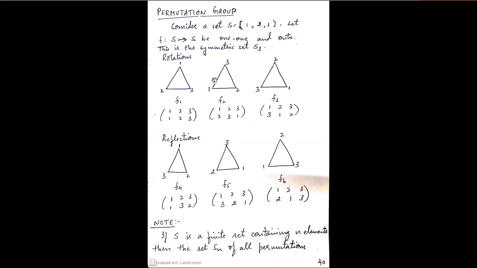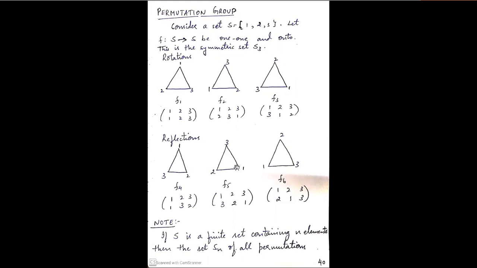So S3 has 6 elements. Since S has 3 elements, S3 will have 3 factorial elements. Similarly, in general, if S has n elements, then Sn will have n factorial elements, and f1 to f6 are called permutations.